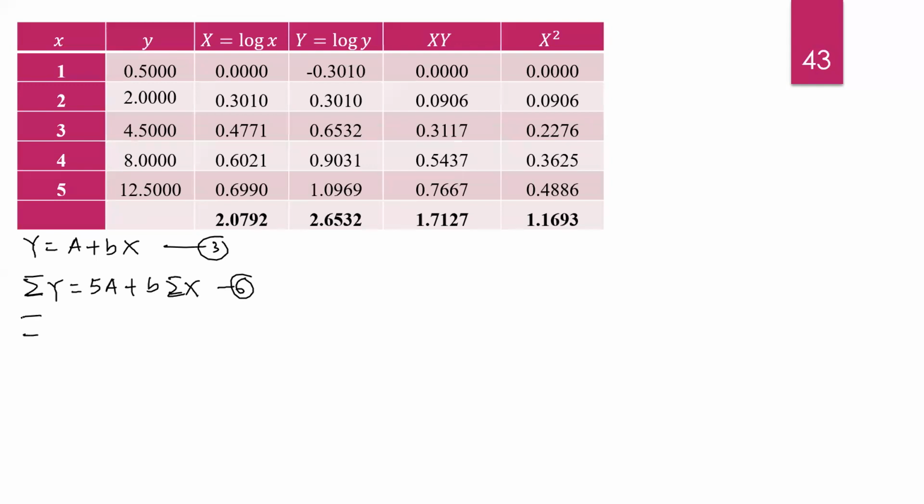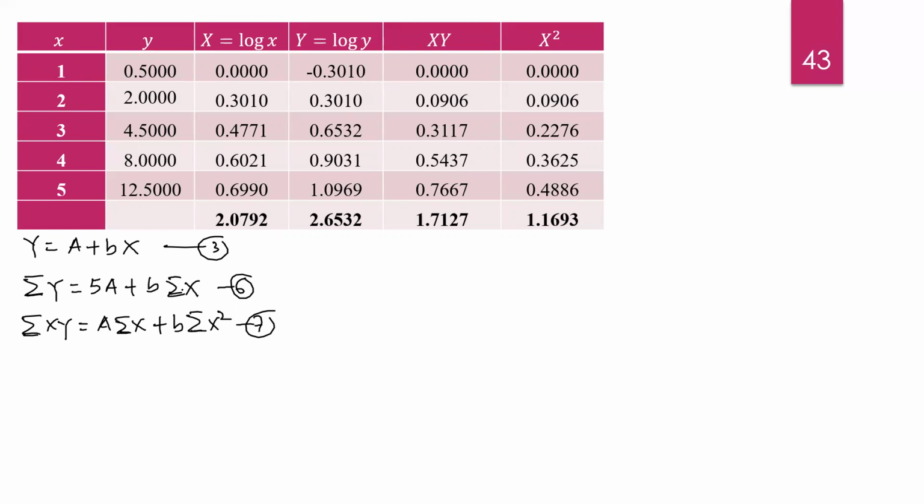Then summation XY, just multiplied throughout by X, is A summation X plus b summation X square. Say equation number 7.